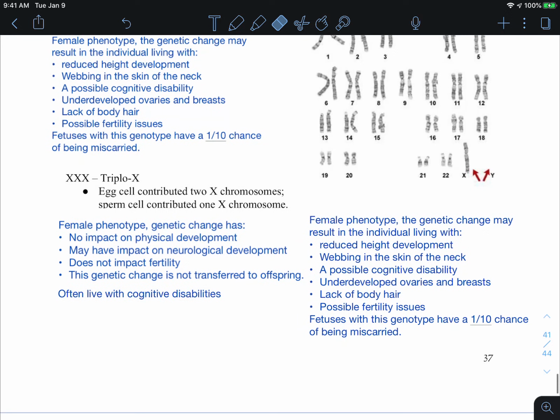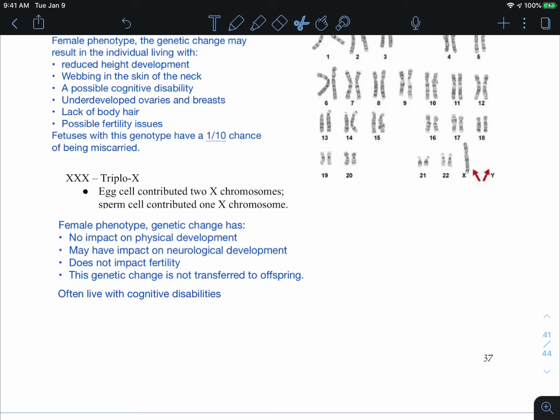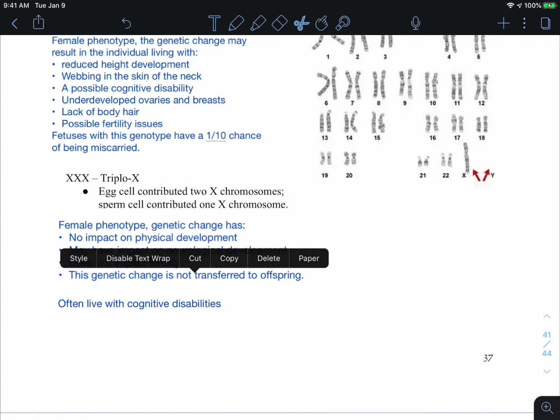The next example, this is just my writing, is the XXX. This is where there is an additional X chromosome from the female egg cell. And so in this case, the individual is born with a female phenotype, but they have very little impact on the physical development.